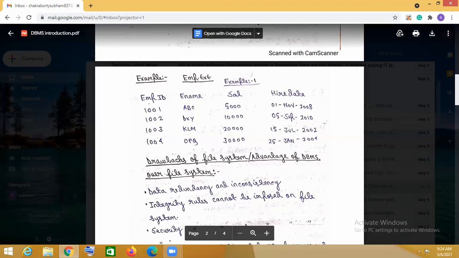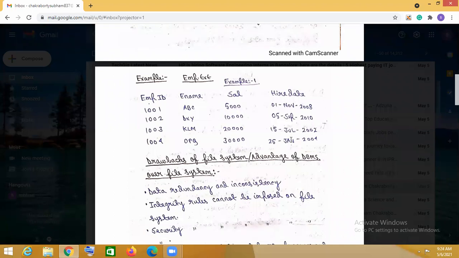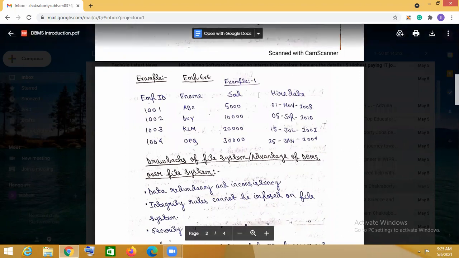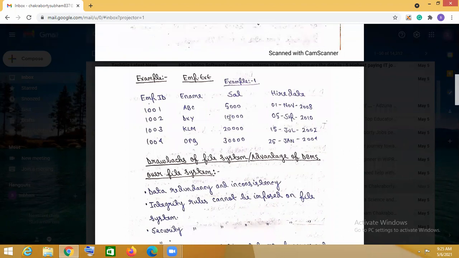It is a condition where the same piece of data exists in multiple places.